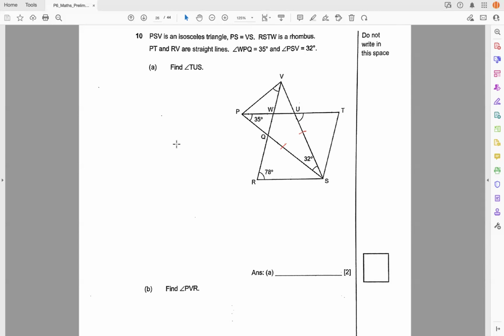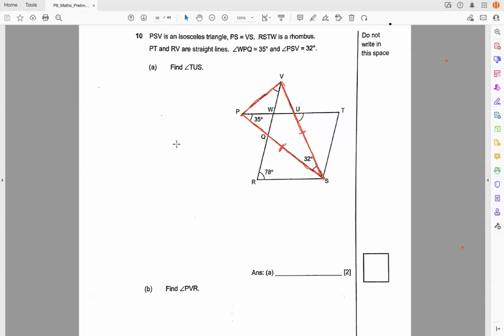So this is an isosceles triangle. And this is equal. Use another color pen. Now, angle WPQ is 35, already indicated. Angle PSV is 32, already indicated.